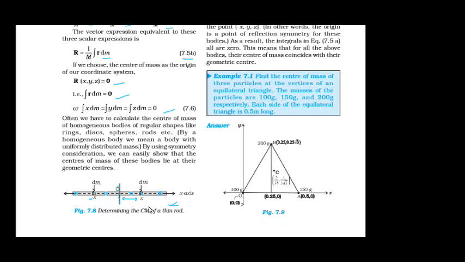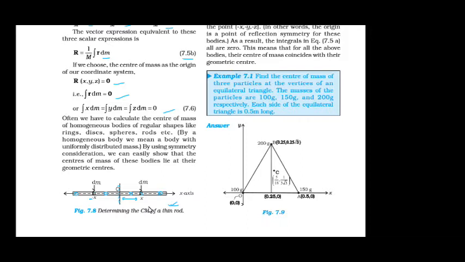And from equation 7.6, if the total integral of a system becomes 0, that means the center of mass passes through the geometric center. Center of mass and geometric center are the same, or the center of mass coincides with the geometrical center.